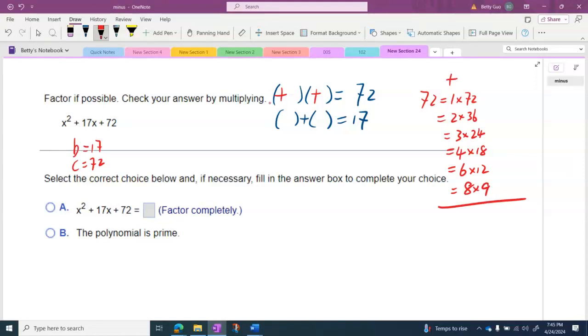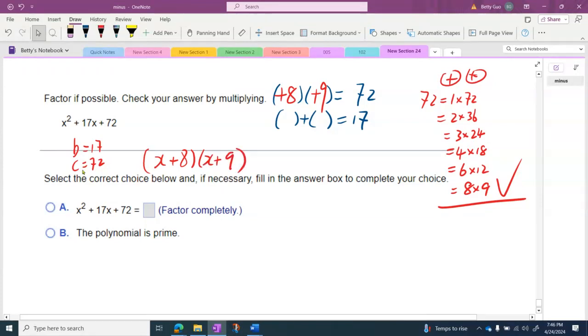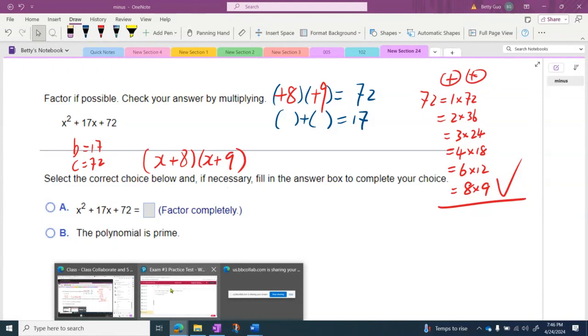There we go. 8 and 9, right? 8 and 9 multiply to 72, add up to 17. So this is a very simple problem. The answer is x plus 8, x plus 9.